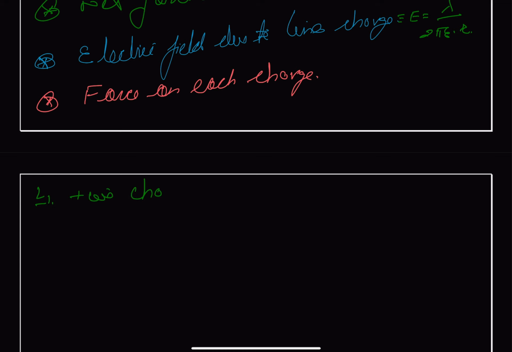Let us call this force F positive, which will be equal to Q multiplied by the electric field at the positive charge, and we get this as Q lambda upon 2 pi epsilon naught, and the distance is 0.01.